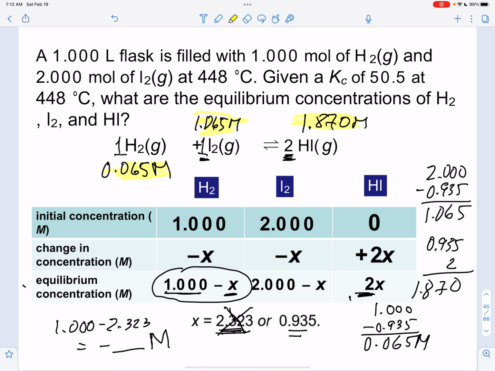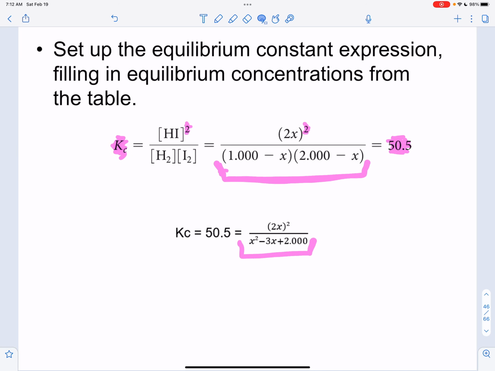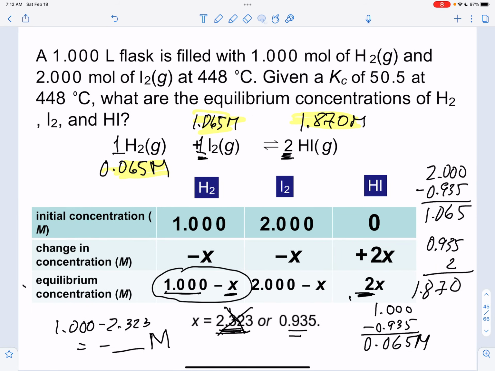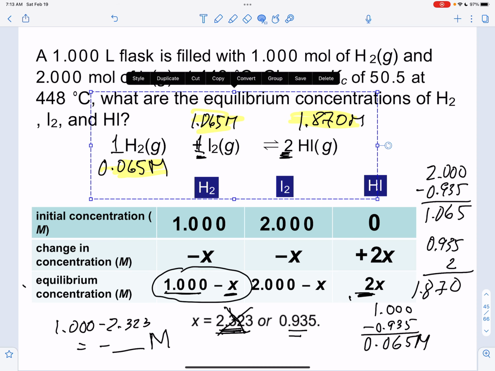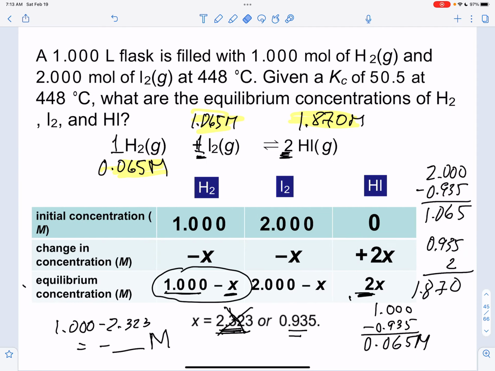And I bet you, if you take those values and you put them on this expression, you're gonna get 50.5. So let's pick those values again. Let's check it over here. Oops, sorry.